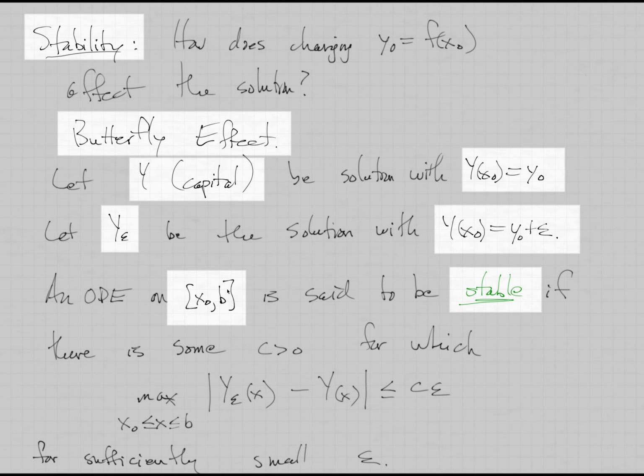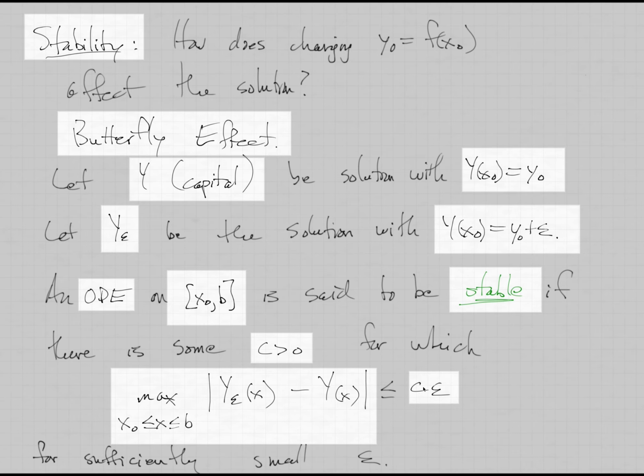So we'll say that an ODE, the differential equation itself, not the solution, is stable if there is some positive constant c for which the maximum difference between y epsilon and y at any point x on the interval we're interested in is less than or equal to c epsilon. So the maximum difference is bounded by a constant times epsilon, right? Where epsilon is the initial difference.